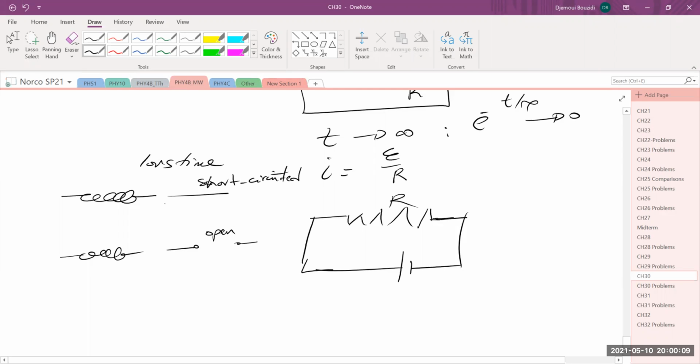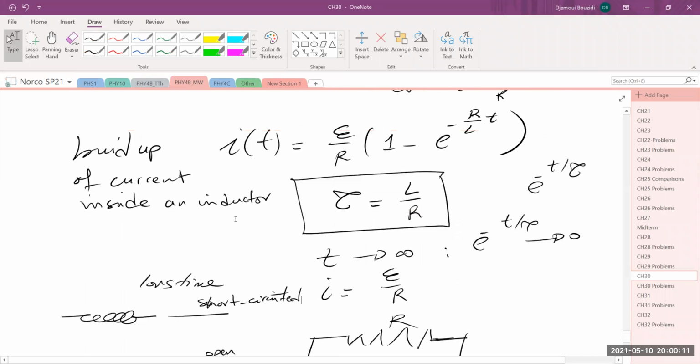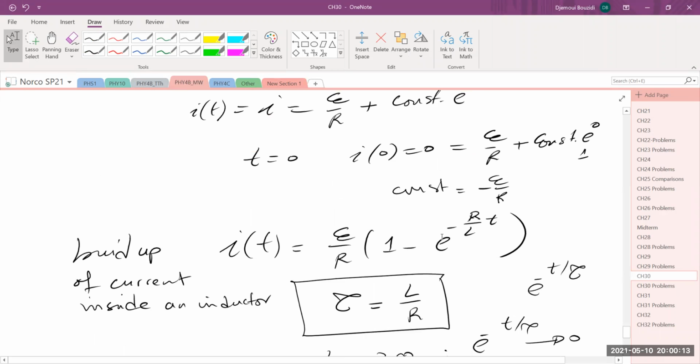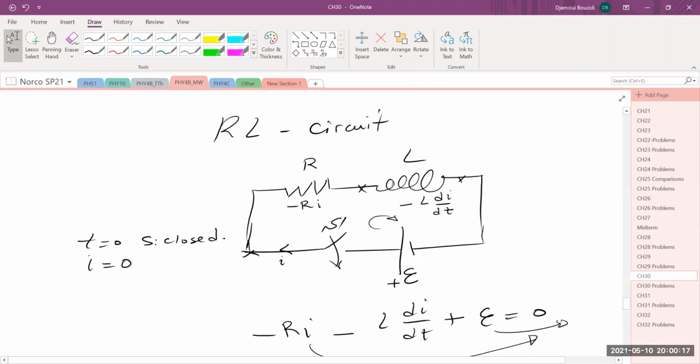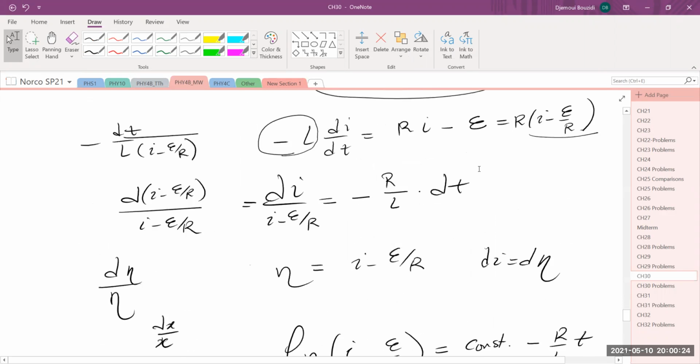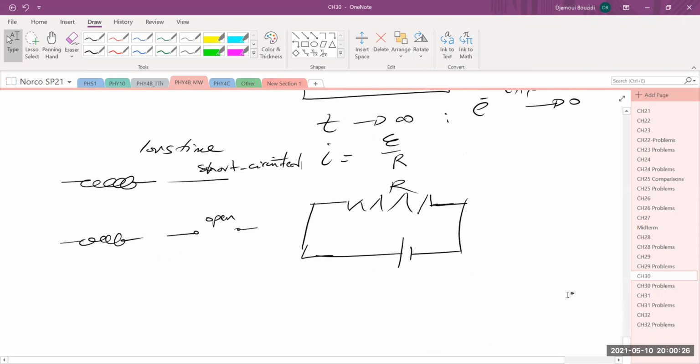Like in this situation. Immediately, though, the current is 0 because at t equal to 0, 1 minus 1 is 0. There will be no current in the circuit. Why? Because this is behaving like an open circuit. This is opposite to what the capacitor was doing, actually, if you guys remember.